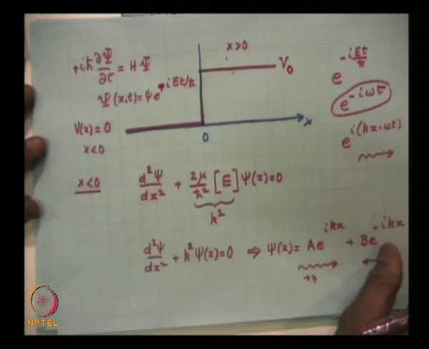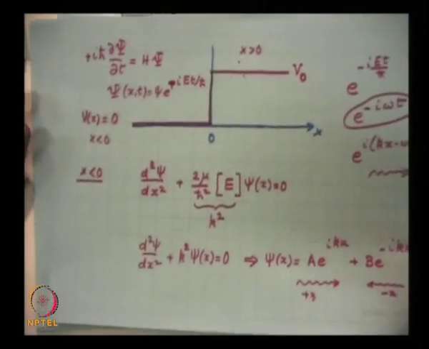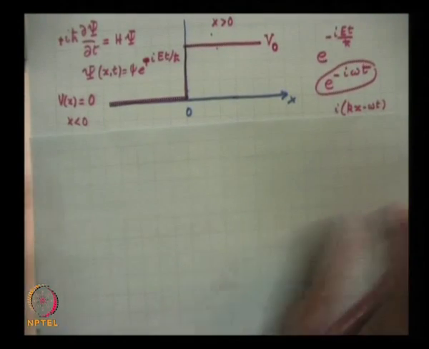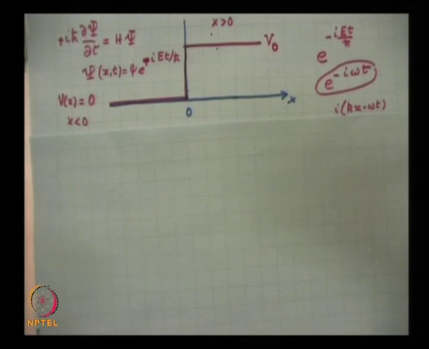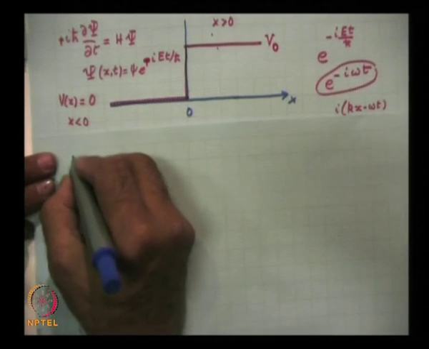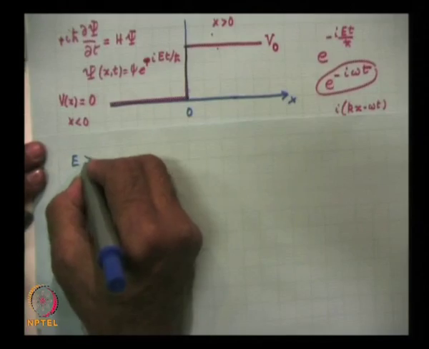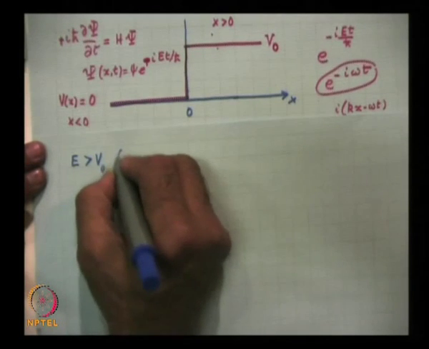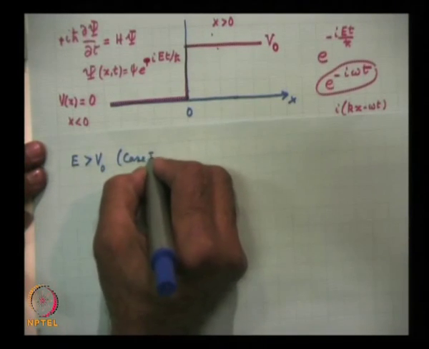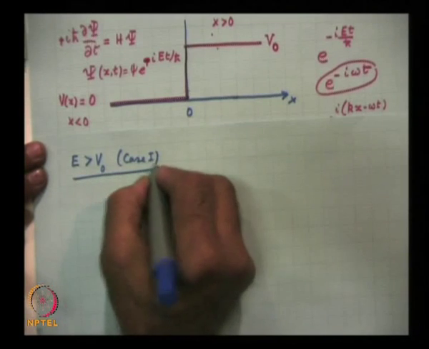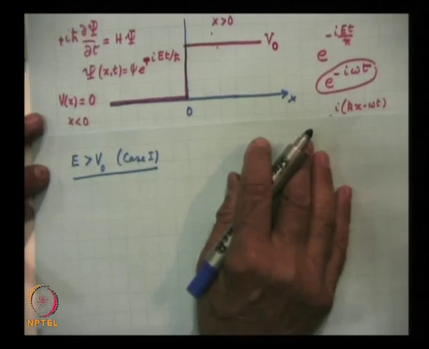We first consider the case where x is greater than 0, and E is greater than V 0. So, this is my case 1, and case 2 will be E less than V 0.